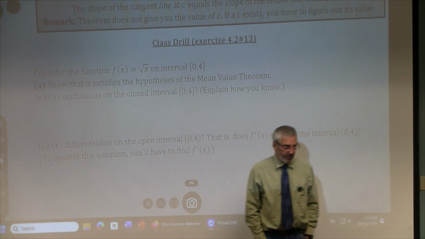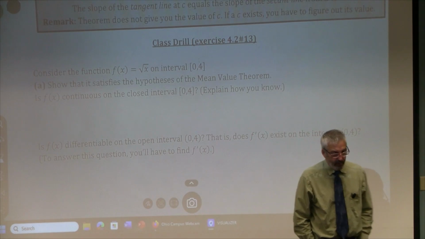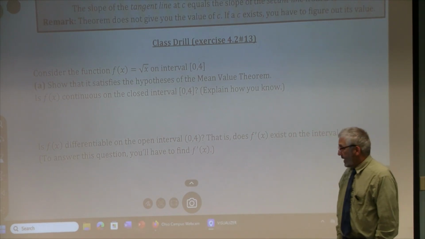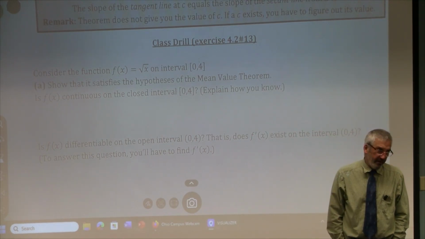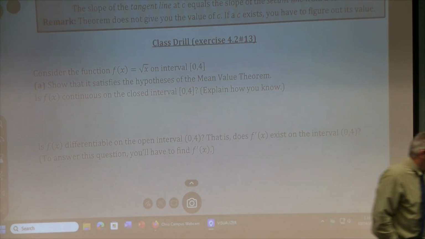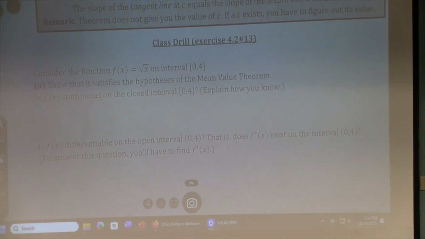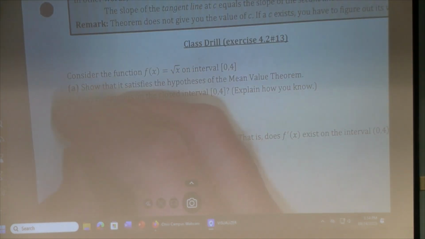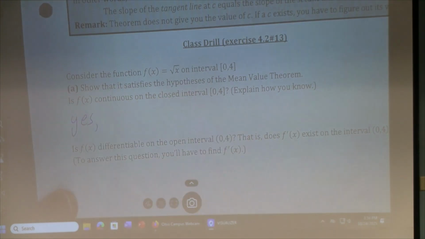Rational functions are continuous at all x's in their domain. We've also discussed that the trig functions are continuous on their domain. But one not very satisfying answer would be, yes, property of square root.